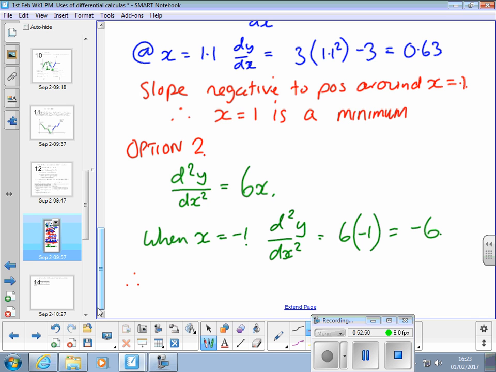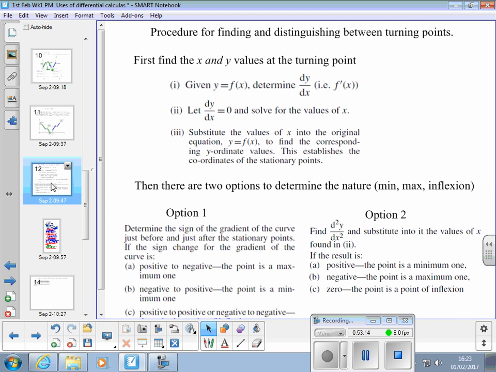Therefore, when x is equal to minus 1, there is a maximum, for negative, isn't it? Negative second differential. Yep. Looking back at the options, if the second differential at a point is negative, then that point is a local maximum.